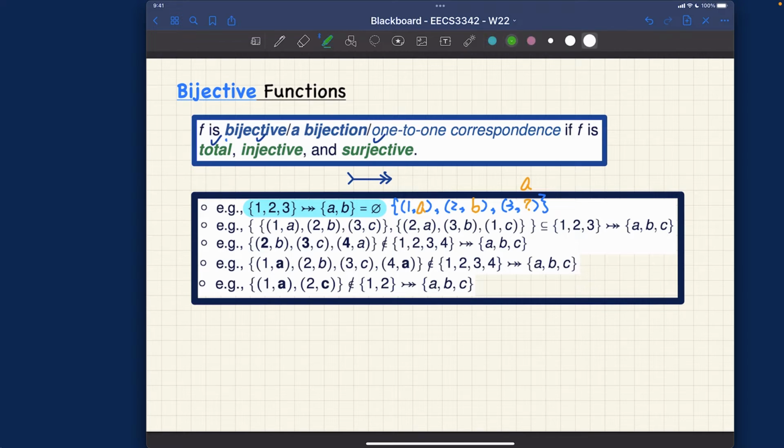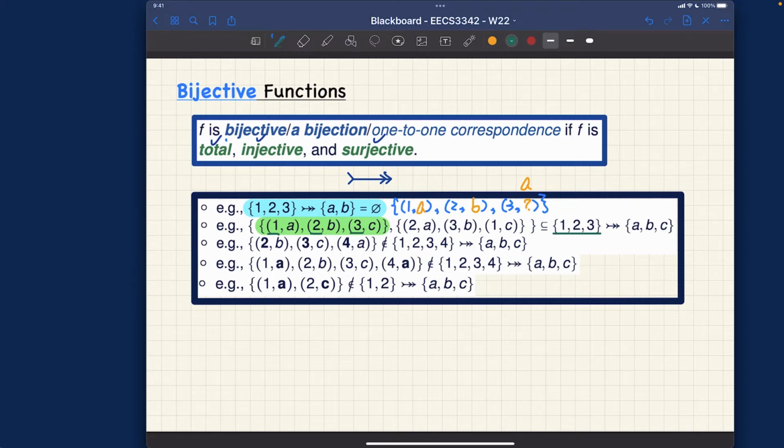Let's look at the second example. We got 2 parts for the second example. For the first part, this function over here, there are 3 things for us to check: total, injective, and surjective. I think it's a very nice page where we talk about bijection, so we can synthesize all the earlier definitions. First of all, total: 1, 2, and 3, exactly equal to the first set. It is total.